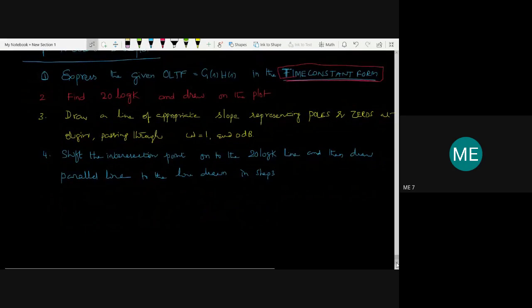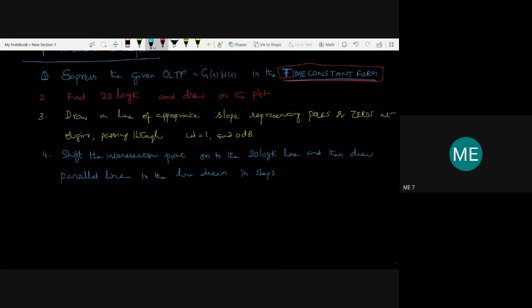Next is the fifth one. Change the slope of the magnitude line or resultant magnitude line. This is very important.